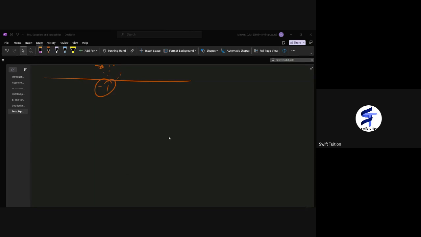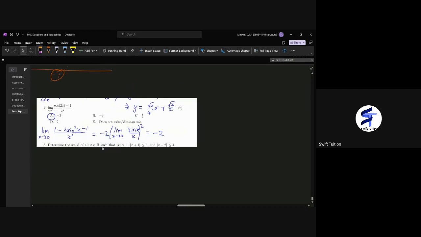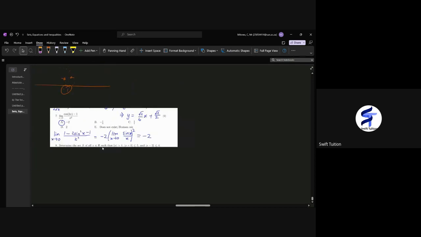Let me pull it out real quick. This is just something that you have to know. Whenever you have a trig, most of the time what they want you to do is apply the principle that the limit as x approaches 0 of sine of x over x is equal to 1, right?